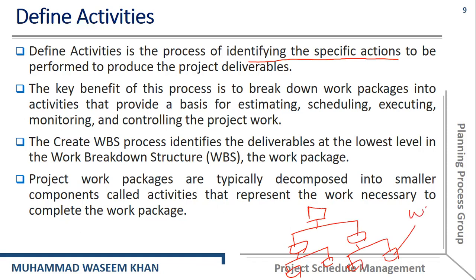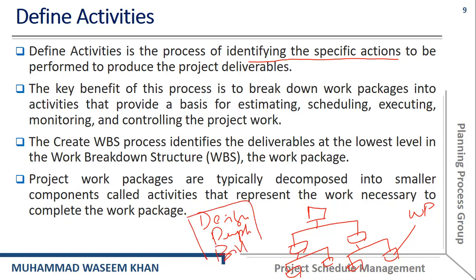So the key benefit of this process is to break down the work package, as we have discussed in the work breakdown structure, into the activities that provide a basis for estimating, scheduling, executing, monitoring, and controlling the project work. The create work breakdown structure process identifies the deliverables at the lowest level in the work breakdown structure, and that is the work package.